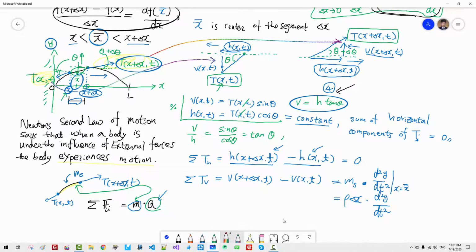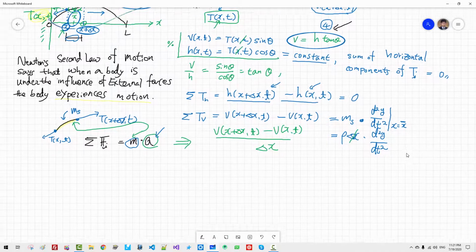Now we divide by delta x, like this: V(x plus delta x, t) minus V(x, t) over delta x. I will scroll down.